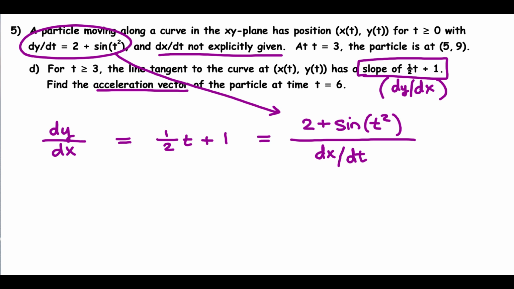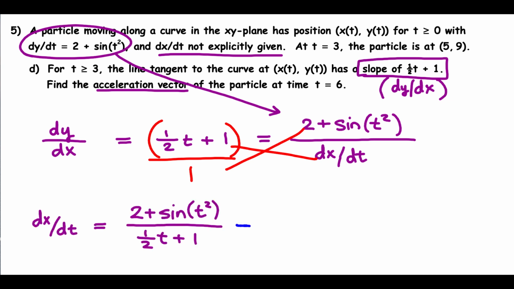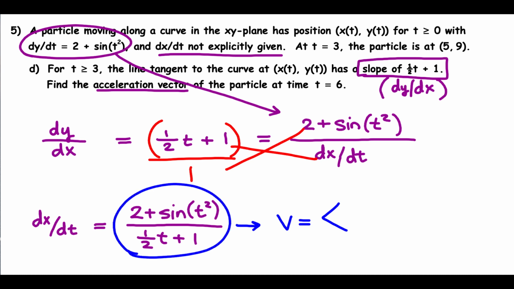If you cross multiply, dx/dt times 1/2 t plus 1 is going to be equal to 2 plus sine of t squared. Therefore, dx/dt will be 2 plus sine of t squared over 1/2 t plus 1. Therefore, we know the velocity vector. The velocity vector is just dx/dt, comma, dy/dt.